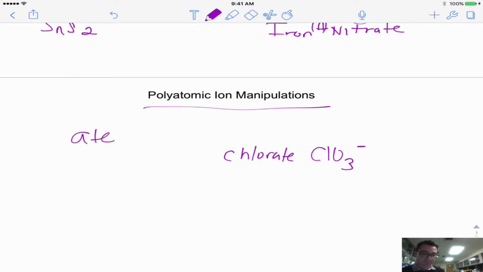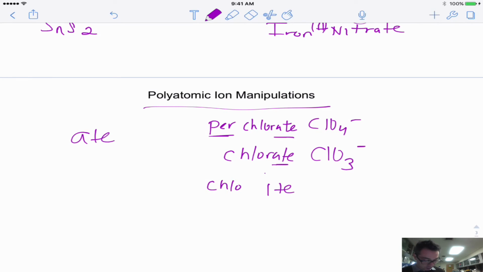Chlorate has 3. Well, I could add an oxygen to this, and this will give me perchlorate. What I did was, ate stays the same, but now there's a per. Adding an extra oxygen changes ate to perate. Take away an oxygen, you'll have chlorite, ClO2-.